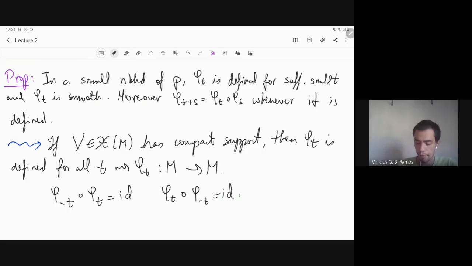That's why this is a diffeomorphism. That's actually the easiest way to find diffeomorphisms: to look at flows of vector fields with compact support. And of course, if your manifold is compact, then every vector field has compact support. So that's one situation where you always have global flows.